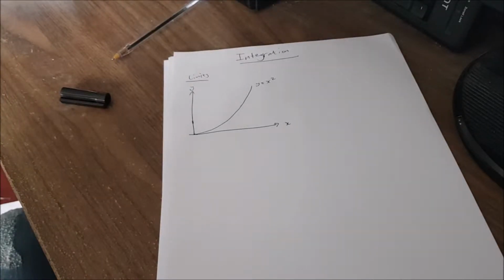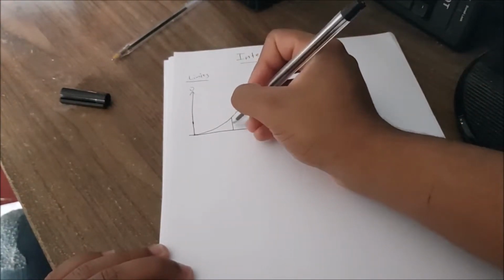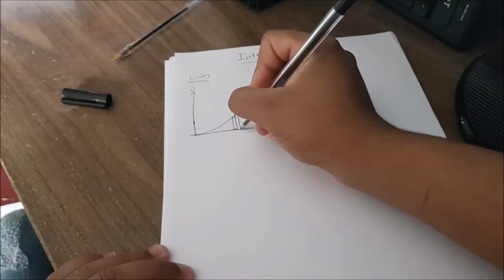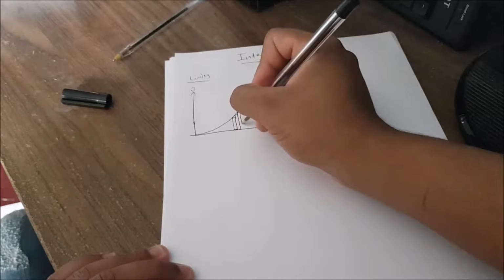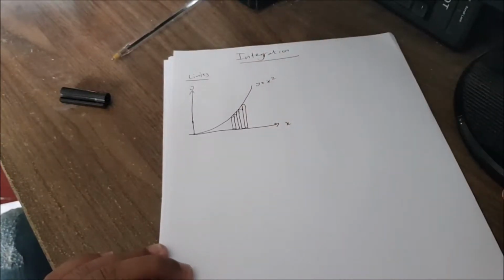In general, how are we going to find the area underneath the curve of y equals x squared? Well, let me show you an example. What we're going to draw is rectangles. I'm just going to draw 5 rectangles so it's easier.